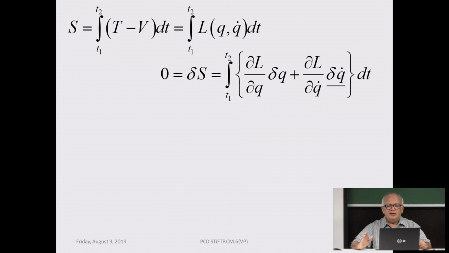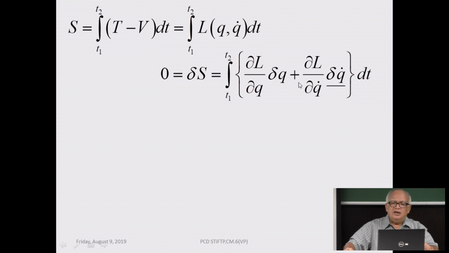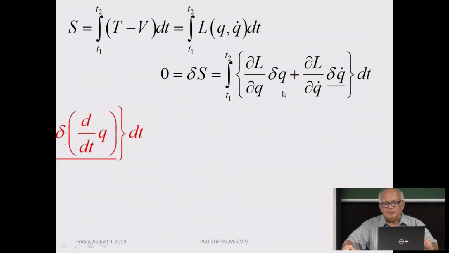This variation in action must vanish, and since the Lagrangian is a function of q and q dot, it is a sum of these two terms, and this variation must vanish.